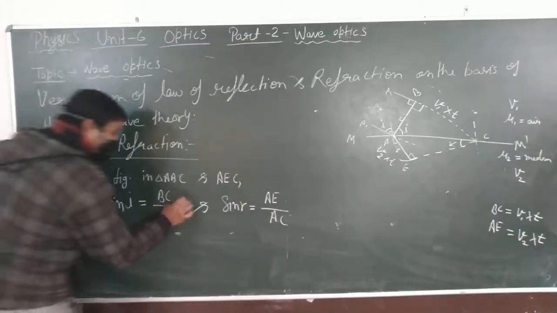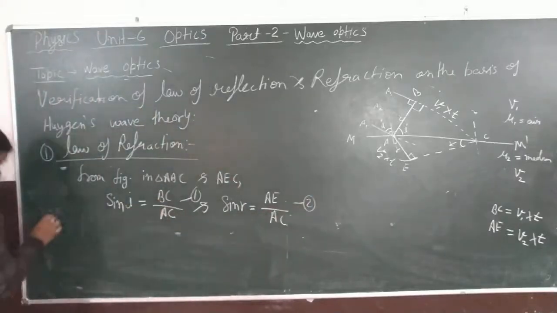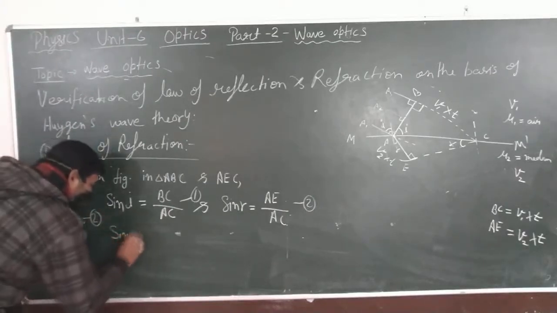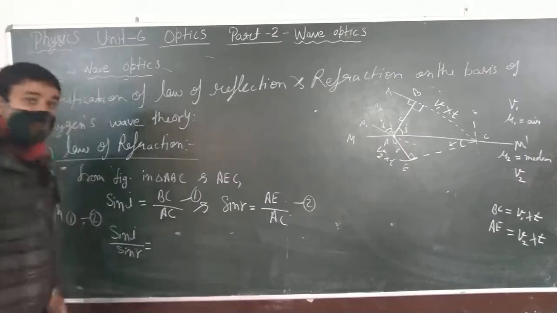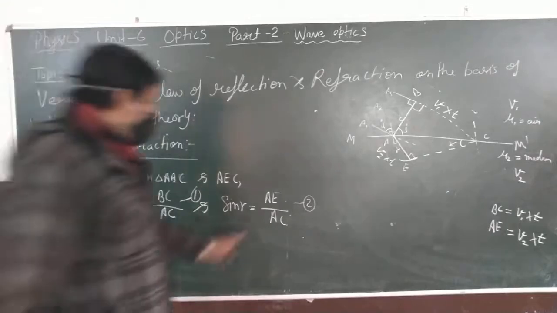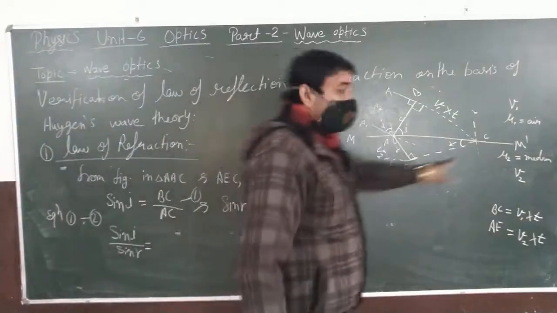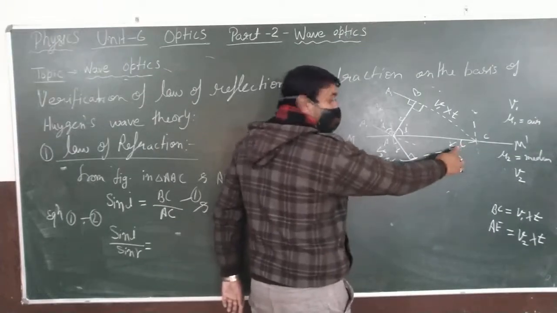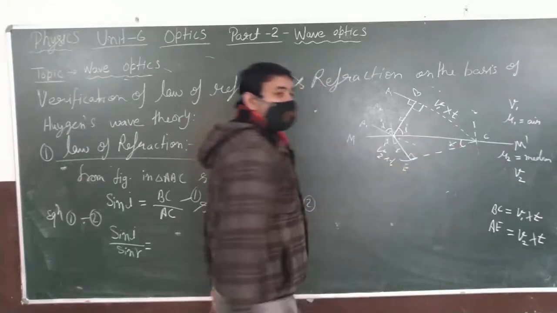Let's say this is the first equation and this is the second. By dividing the first equation by the second, we get sine I upon sine R is equal to... this is the angle of refraction and opposite to the angle is the perpendicular, so AE, and this is the hypotenuse.